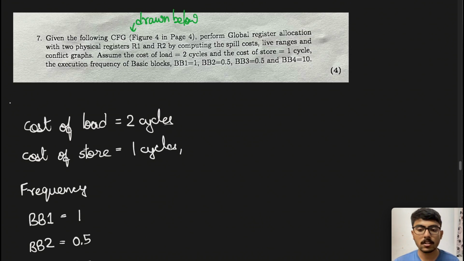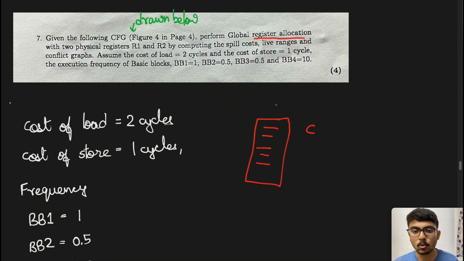So we are given a problem here. This problem is on global register allocation. Basically, register allocation happens when, for a given piece of code which you might be having in C++, Python, Java, whichever high level language, the compiler sits in between your code and the machine, right?